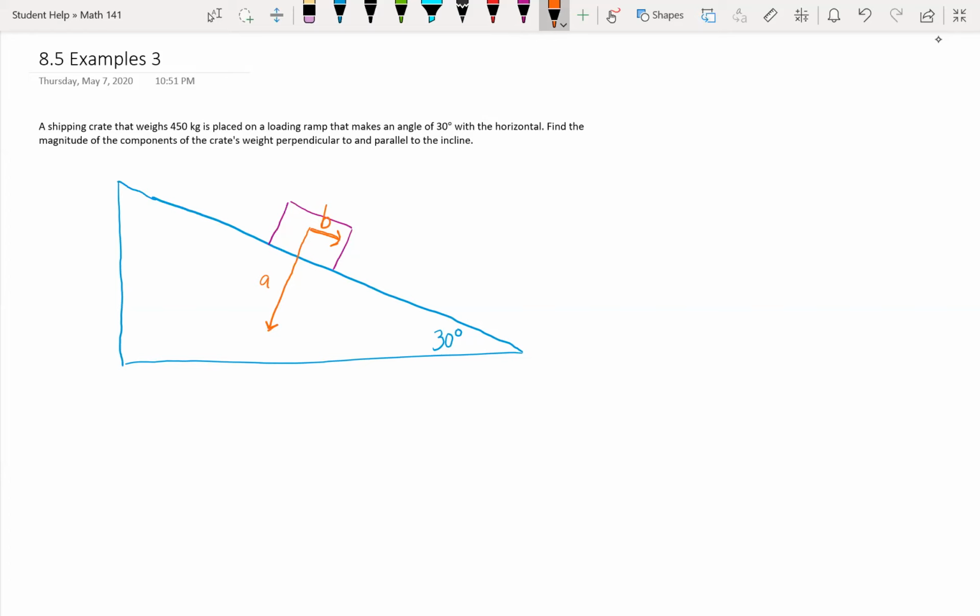Okay, so I'm going to draw a triangle here like this. We're going to kind of consider that. And the two forces are going to be based on this orange triangle that I've drawn sort of in the center, but we don't know what any of the angles are. We know that this is a 90-degree angle, but we don't know what the other two angles are.